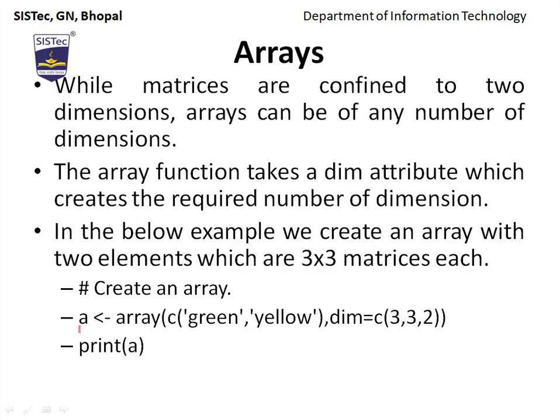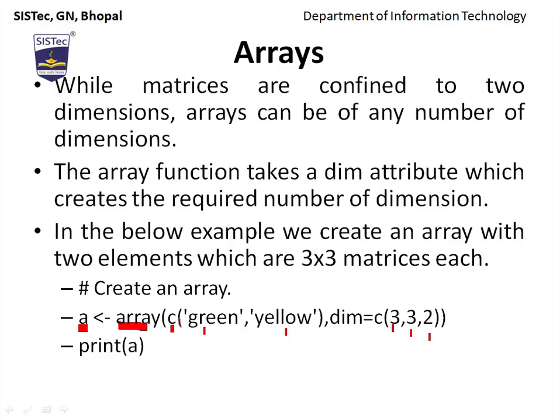Here we created a variable named a with the help of the array and vector functions. Here we store two string values, green and yellow, and we define the dimensions: 3 rows, 3 columns, and 2 times this one repeated.